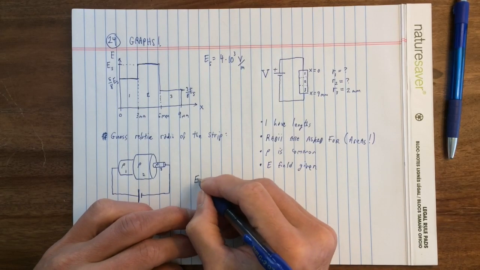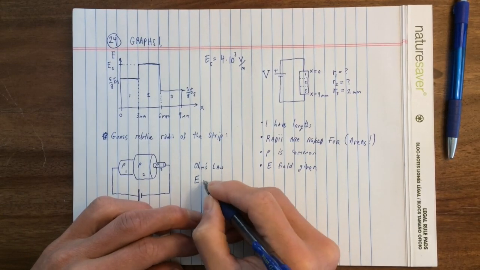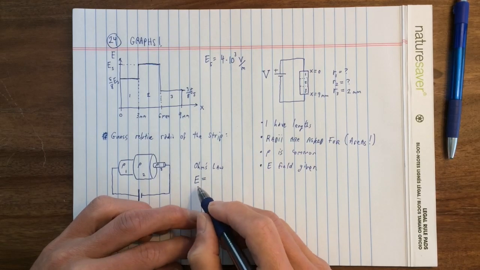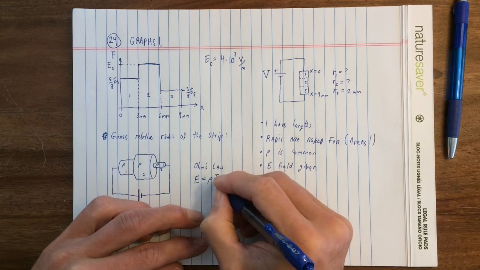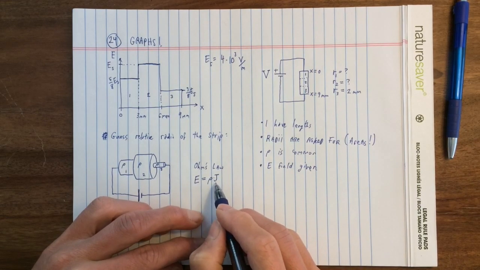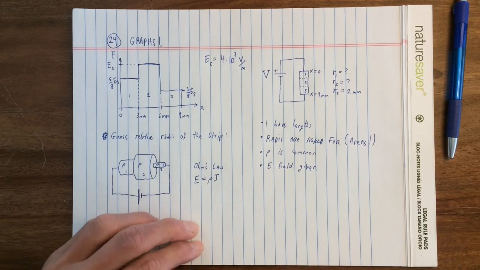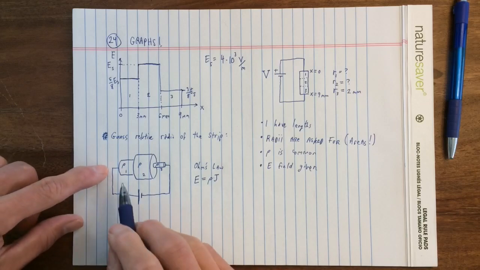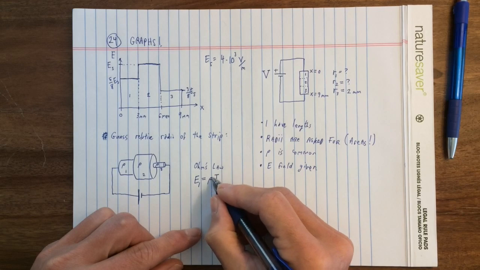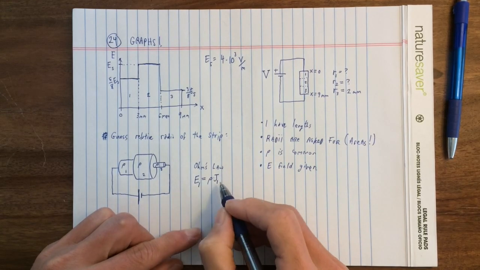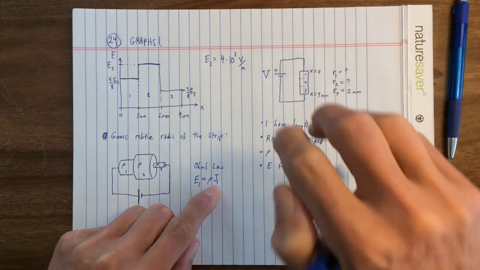I know that there is a basic sort of Ohm's law relationship. The basic relationship is if you have an electric field inside of a resistive material, there's going to be a current density J associated with the electric field and the resistivity rho. So in these 3 regions, I have that E1 equals, remember rho is common, rho times J1, so that's the current density in region 1.